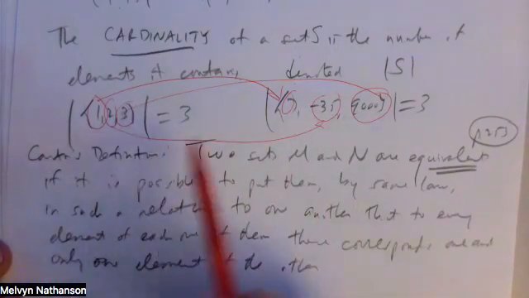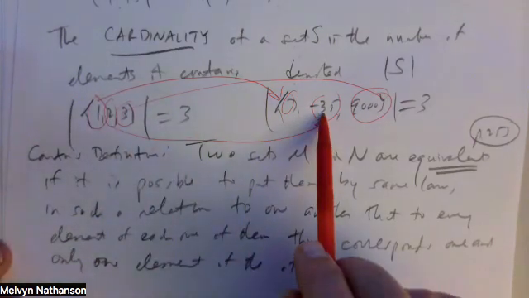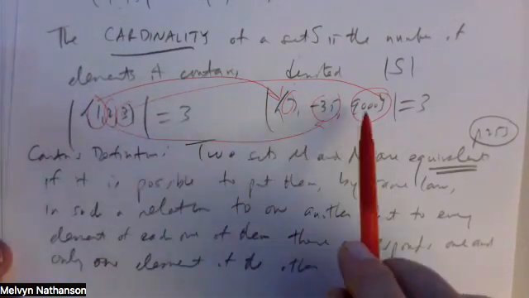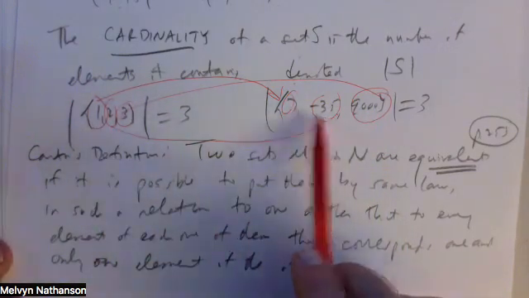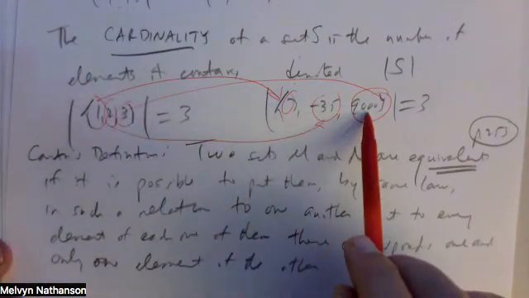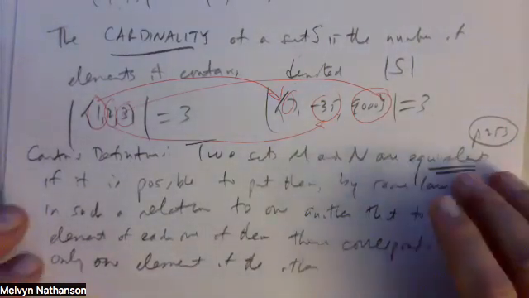And conversely: 7 corresponds to 1, minus 35 to 2, and 9,000 to 3. So these two sets are equivalent, or in slightly more modern language, they have the same cardinality or the same number of elements.